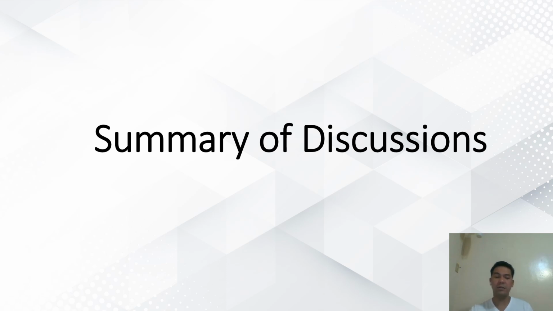So as a summary of discussion, in this session, we discussed about the research design, the sampling of participants, and selection of participants, also the validity and the reliability of instruments, and the different levels of measurement.